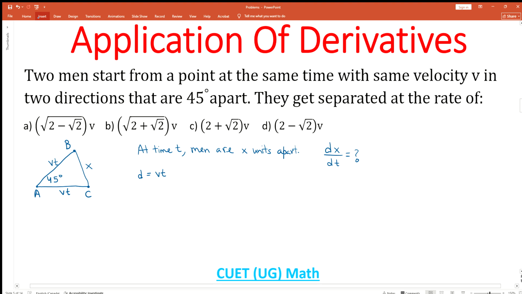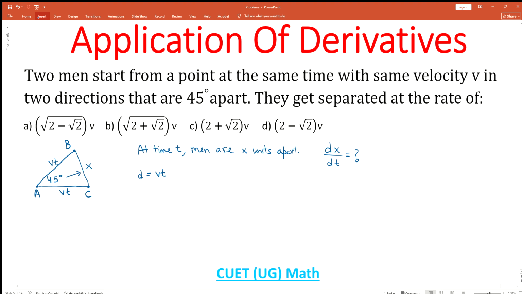As you can see, we know the side lengths AB and AC in terms of t, and we know the angle between these two sides. This is the SAS case. We can use the cosine law equation to find the value of x in terms of t. Since we know angle A, we should write the length of side BC, the opposite side for the 45-degree angle, on the left side of the cosine law equation.